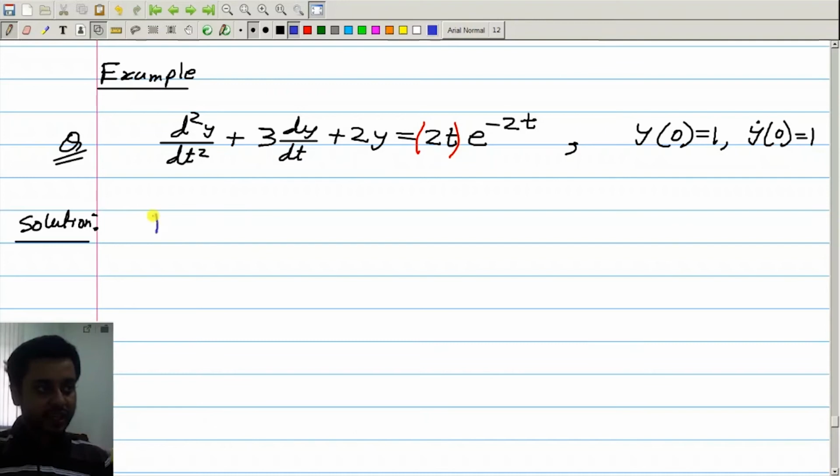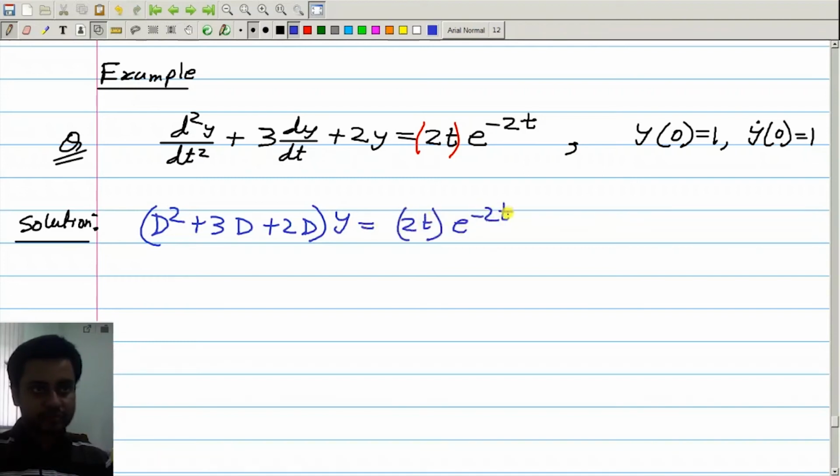Let me first write this equation in this form: D square plus 3D plus 2 acting on y equal to the input, and if we factorize this we will get two roots as minus 1 and minus 2. It is easy to factorize.